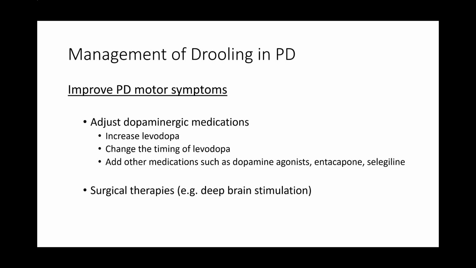And then also it seems that surgical therapies for Parkinson's, such as deep brain stimulation, may also improve drooling for some people. So obviously no one would go for surgery because of drooling, but if they're a good candidate for surgery because of problems with their movement symptoms and problems with the medication or side effects of medication, this may be something that also benefits some people with Parkinson's.